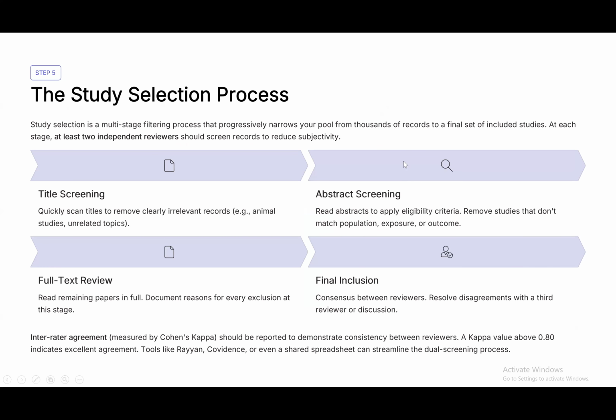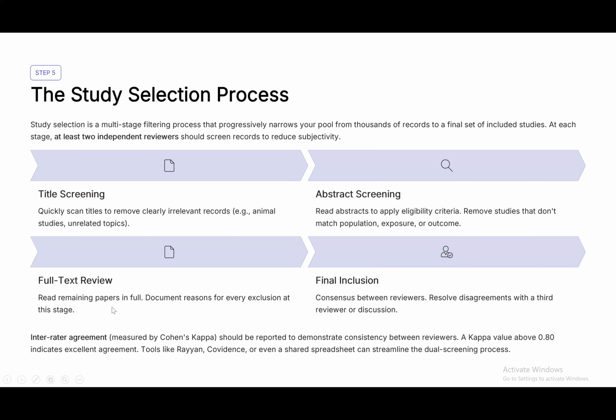Now, the next part is what we call the study selection process. So what's the study selection process? This is where you do some study screening, right? So you try to filter out. After you've checked your titles, how many did not meet the criteria? You throw them away. How many, when you checked the abstract, why did you remove studies?